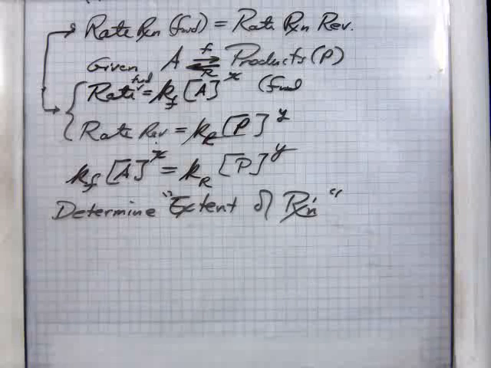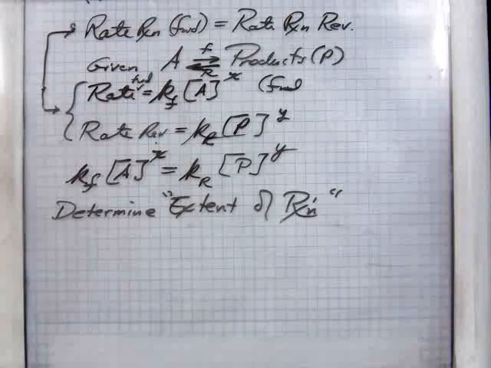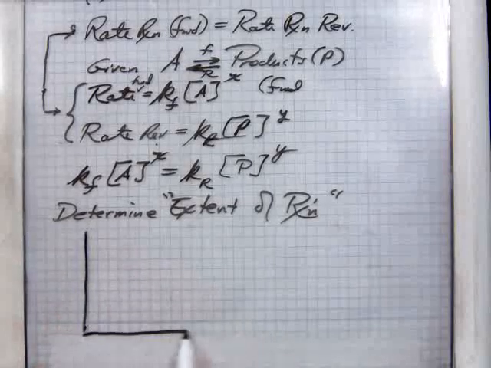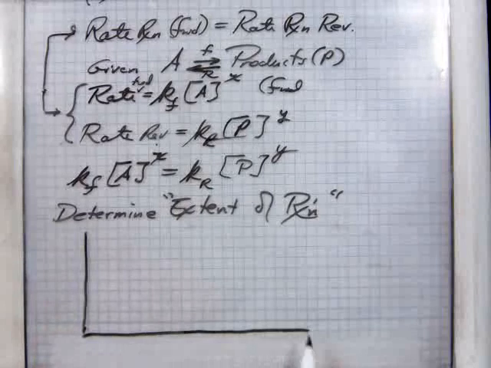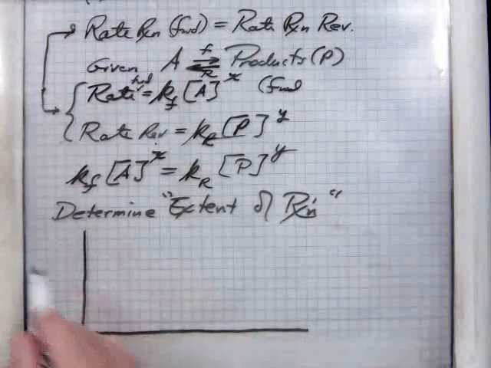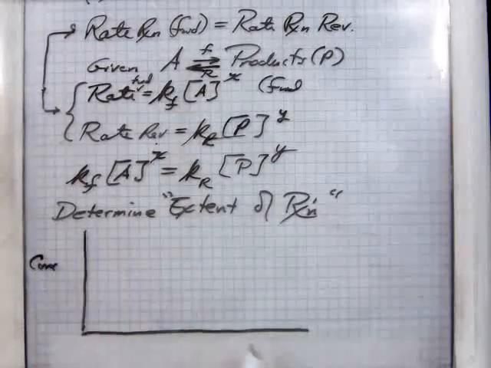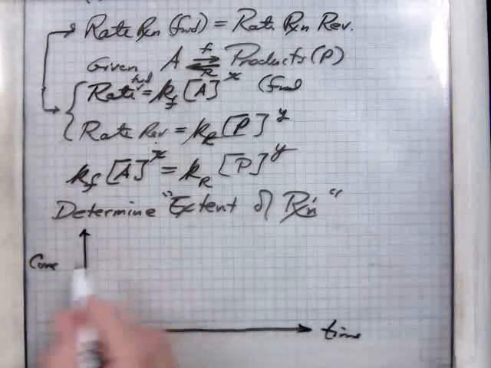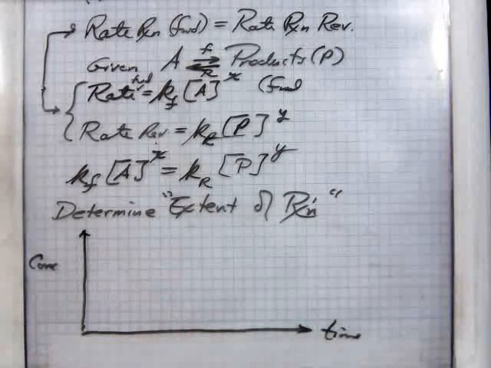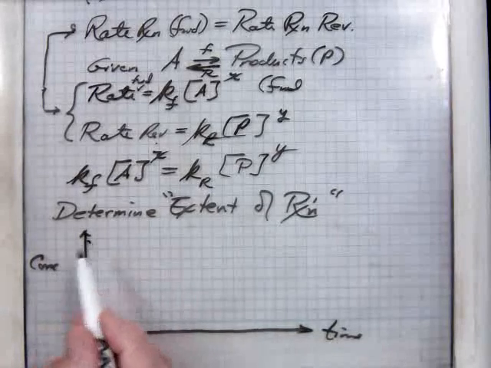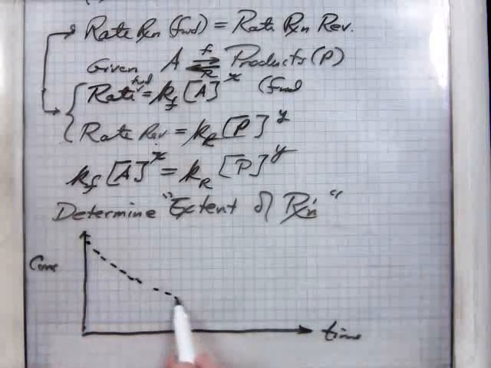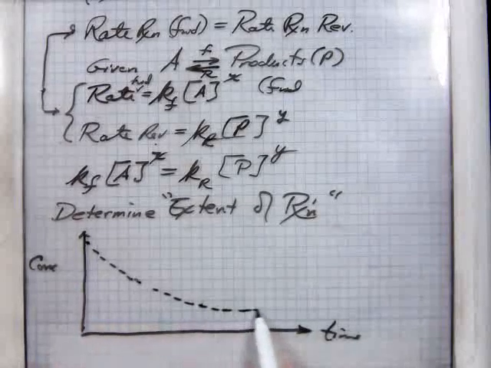How long does it take to get to the equilibrium part of the curve? So what I want to show you here is the same concentration-time curve, and some reactions have broad extents of reaction.